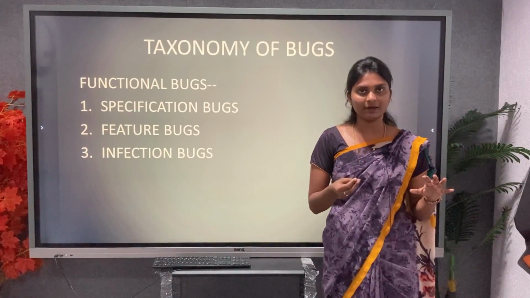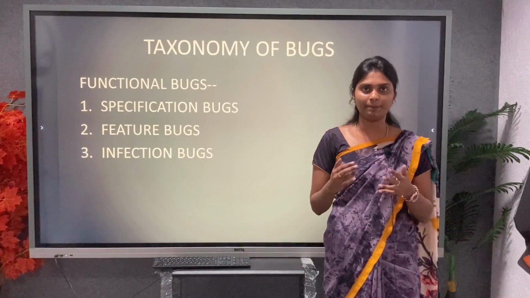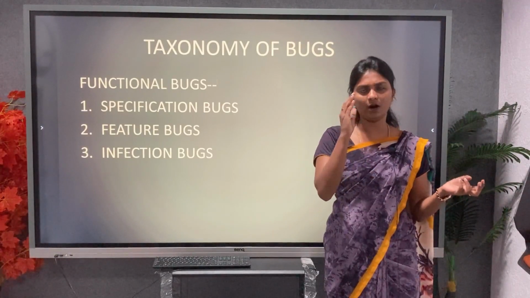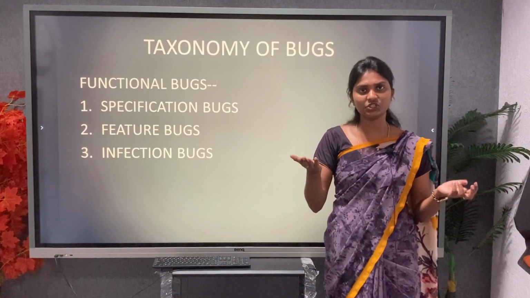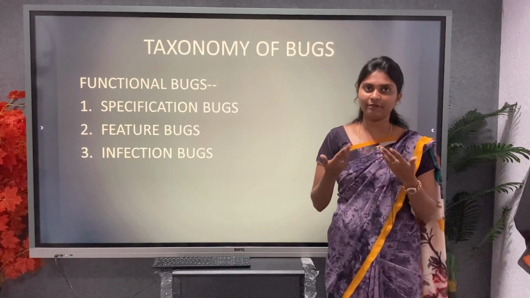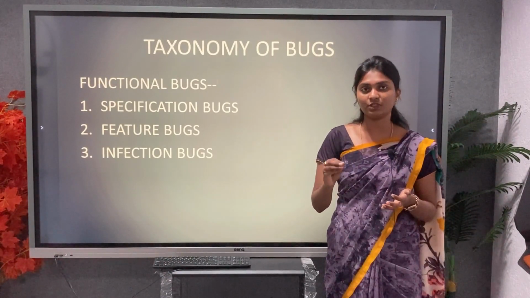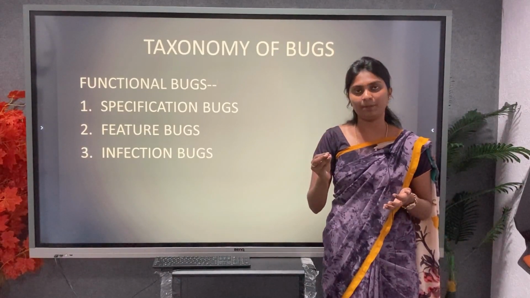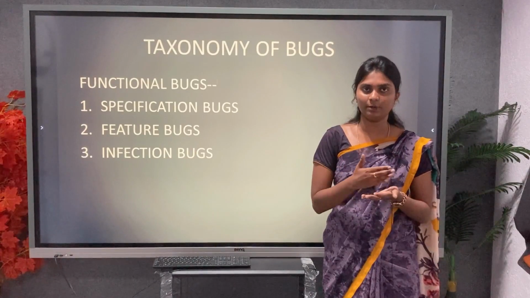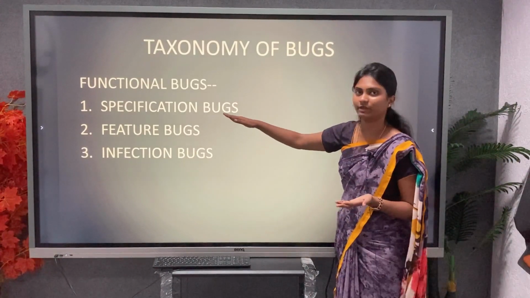We are internally developing our code, but the external code will display only half of the data, and the additional data we have to display. So the specification bugs will be incomplete or incorrect data, or incomplete data represented in the specification of the bugs.